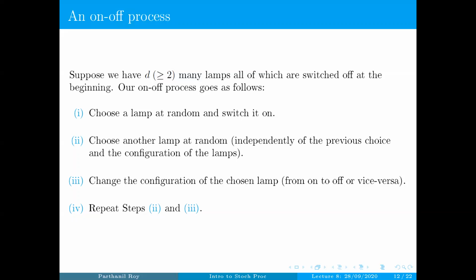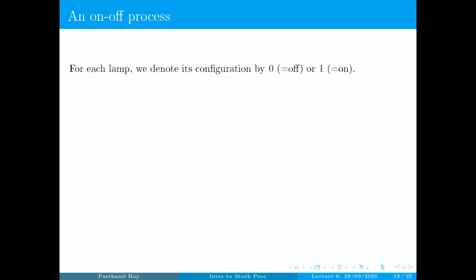And then the one you choose, you change the configuration of that particular lamp. So you go on making this change. The way we will denote it is, we denote the configuration of each lamp as 0 or 1: 0 will denote off and 1 will denote on, as expected.